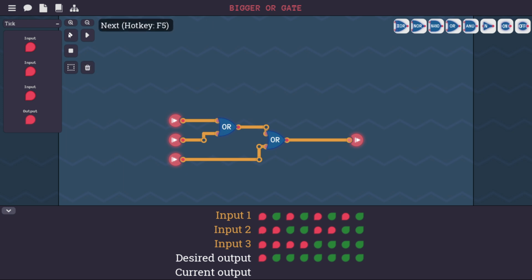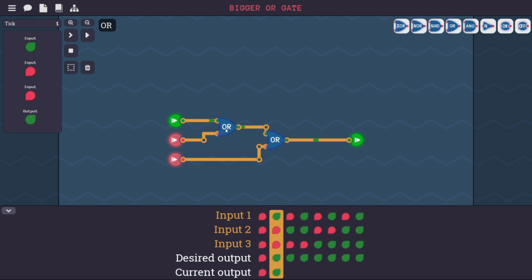On the first tick, when everything is off, the 3 inputs, 1 2 3, 1 2 3, and this is the output represented by this as well. When all the inputs are off, the output is off, and when just the first one is on, as you can see, the current is able to flow through the OR gate.